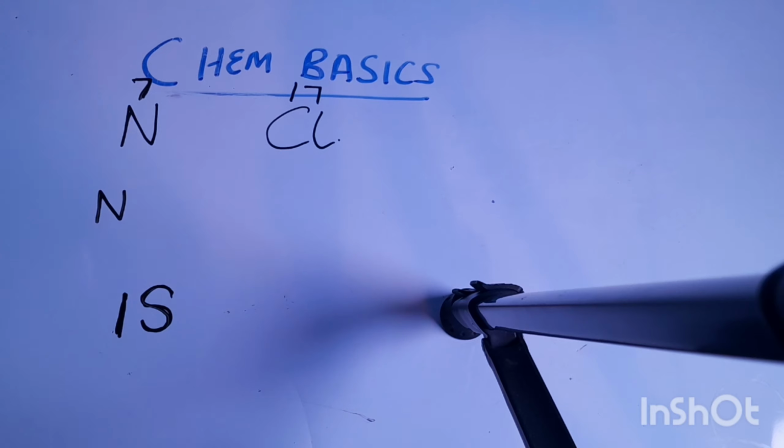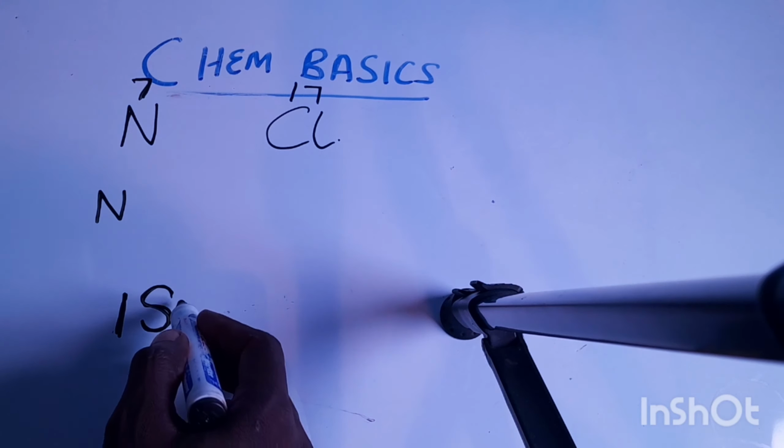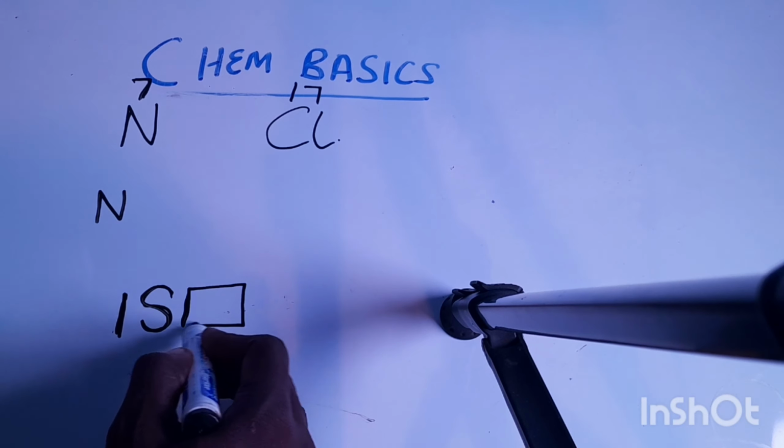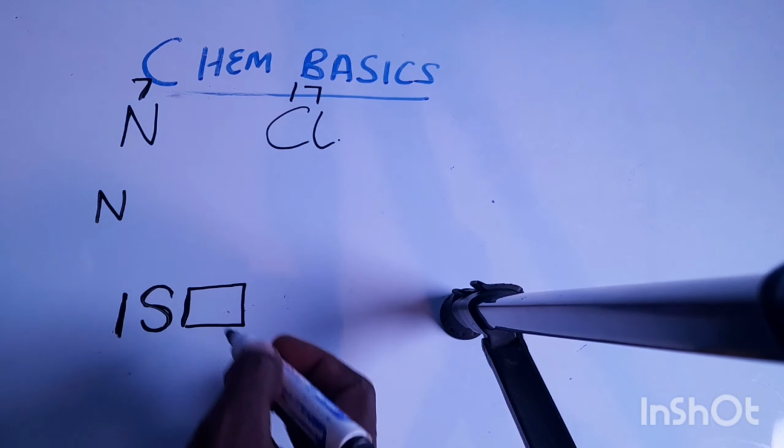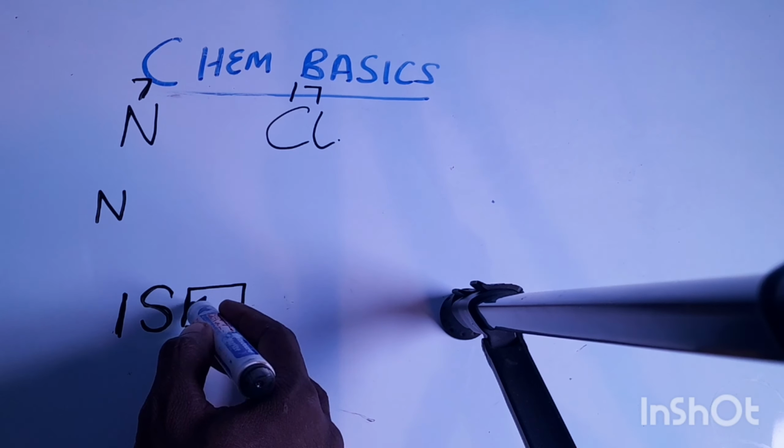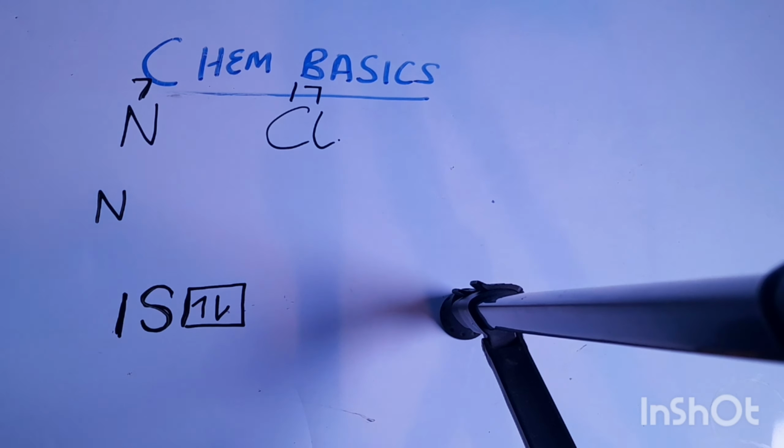The first energy level is filled by 2 electrons, so from 7 electrons we take 2, and they fill up the first energy level.